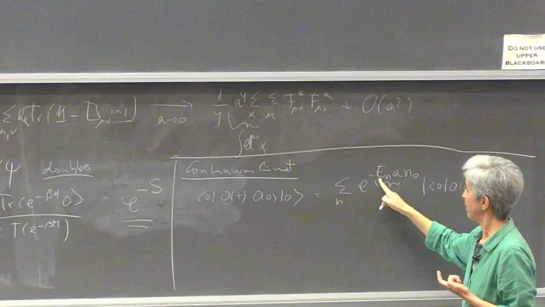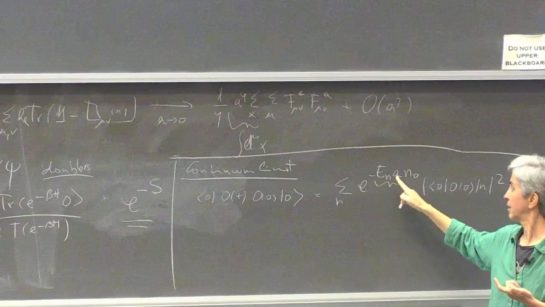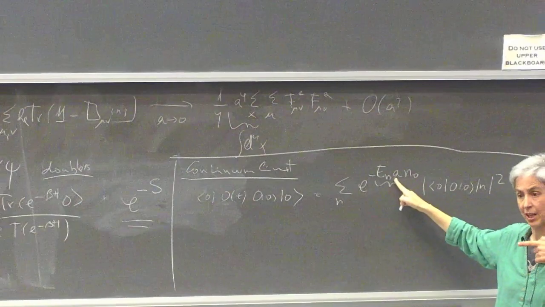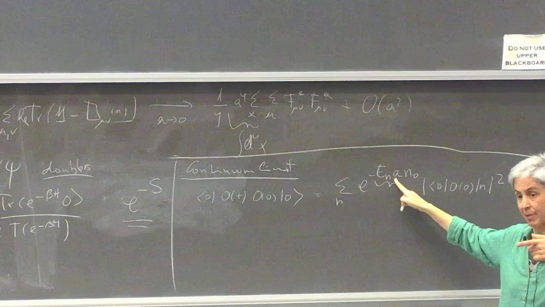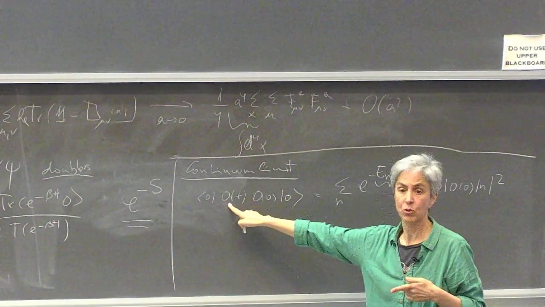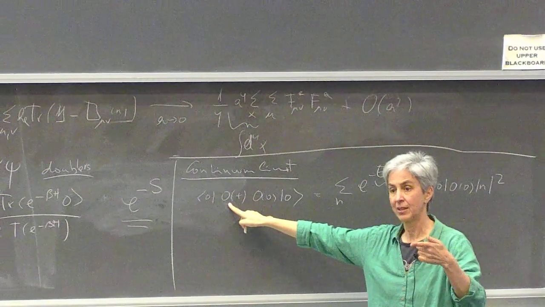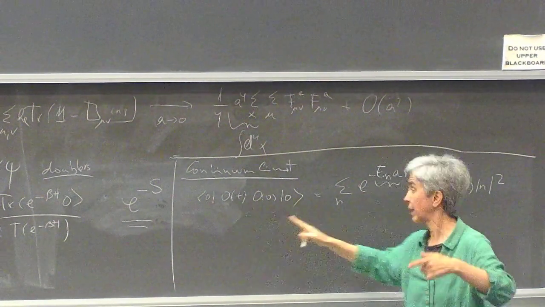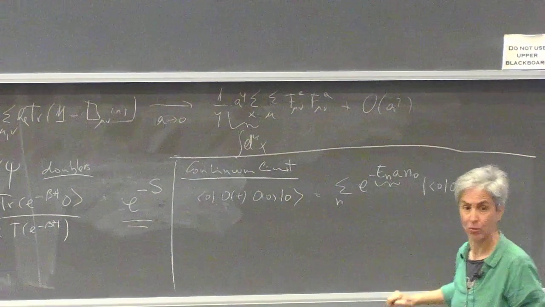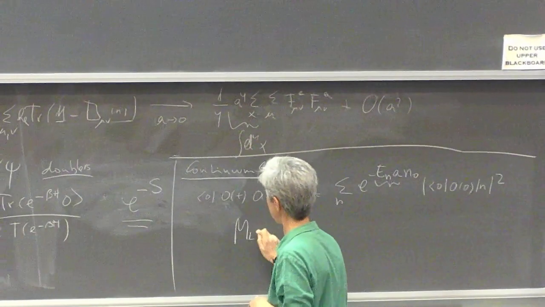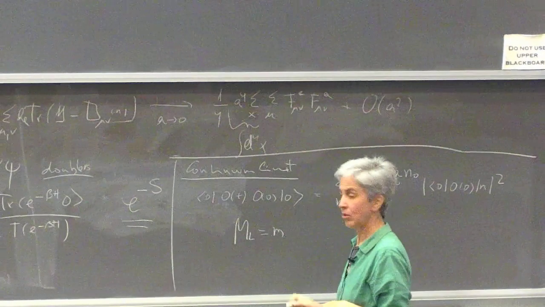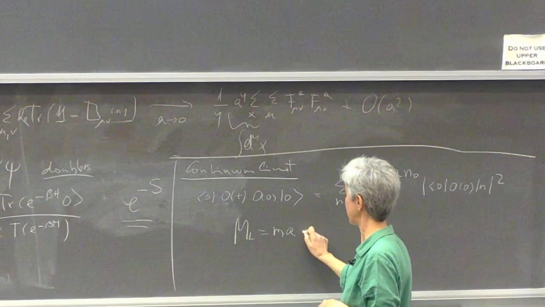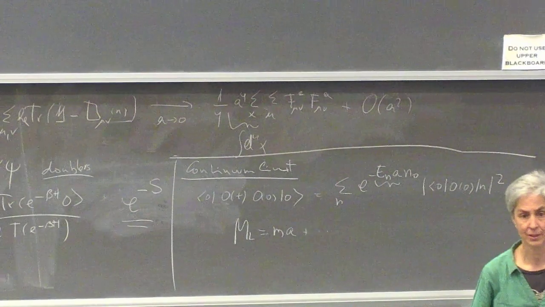What appears here is the energy of the states in units of a. If I take the large time separation of this correlator and fix it to zero momentum in space, at infinite time what I will get is the mass of the lowest state. So the lattice mass is the continuum mass times the lattice spacing plus corrections, right?